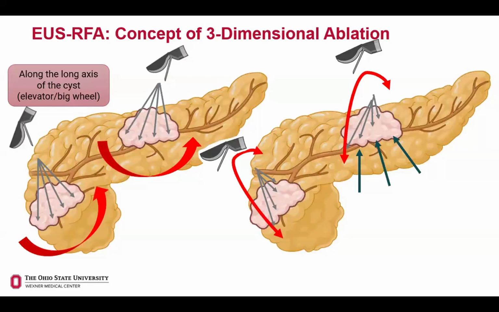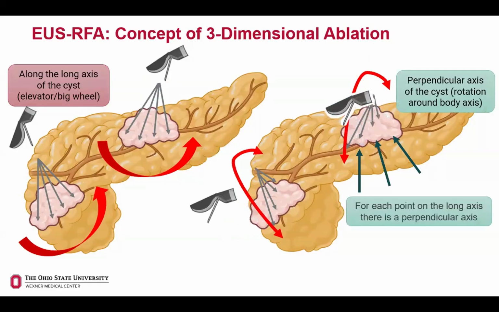At each point on the axis, you take a three-dimensional approach by rotating your body axis. So at each point along the axis, when you rotate your body axis, you have a different ablation point. Yes, at some point you will not see the needle as you rotate, but you know you're still in the cyst and you're going to apply energy. In that way, you cover the entire cyst. Because these are large cysts that you would have aspirated, there is a lot of space inside.